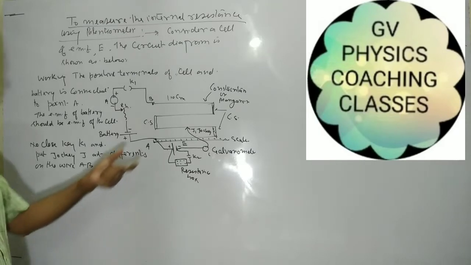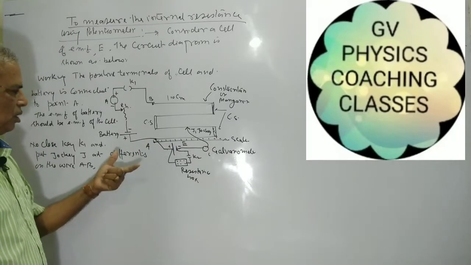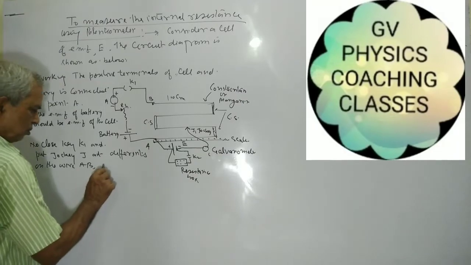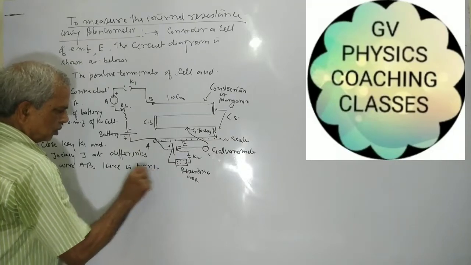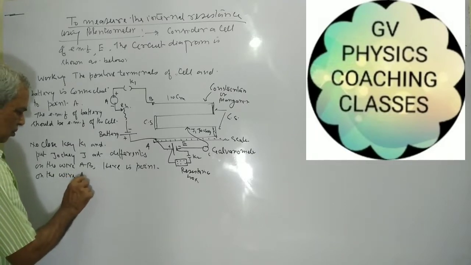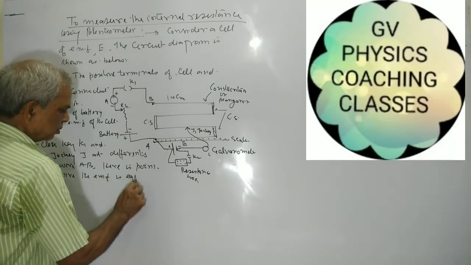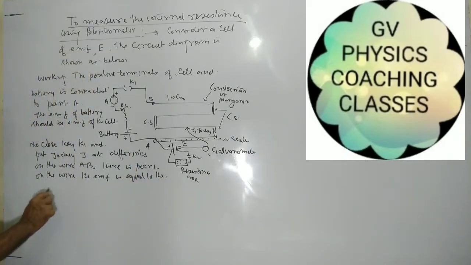There is a point on the wire at which the EMF of the cell and the potential drop are equal to each other. At that point the EMF is equal to the potential drop.